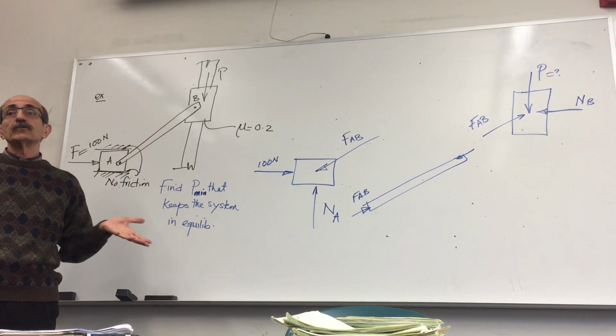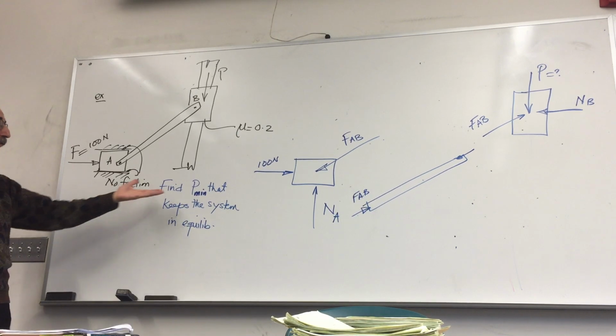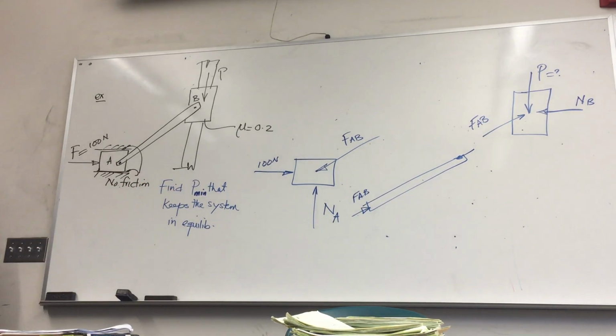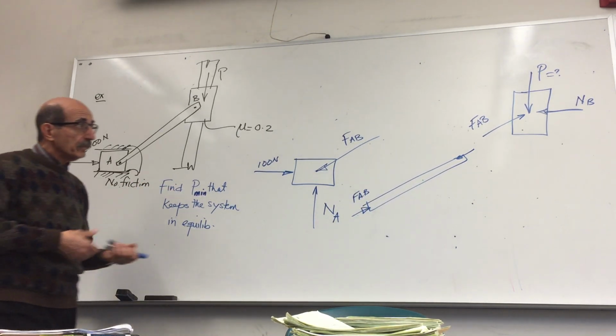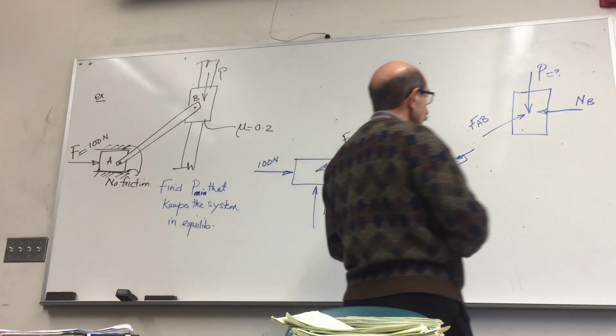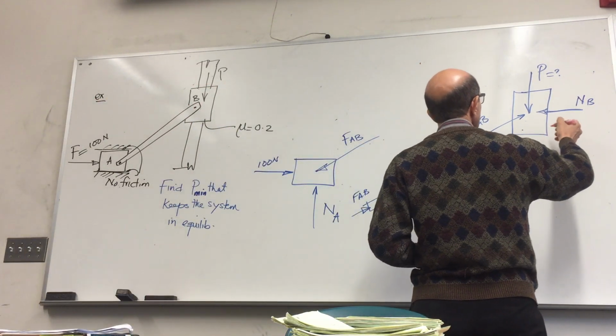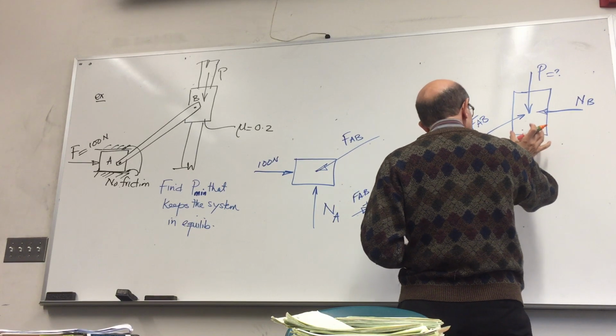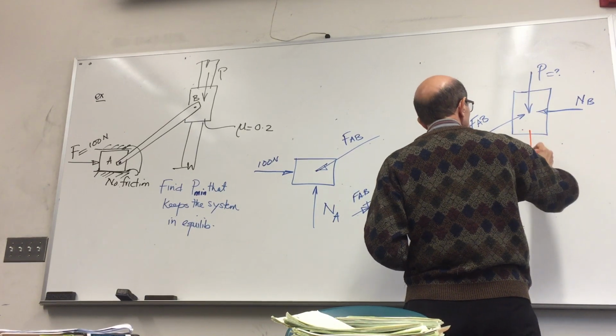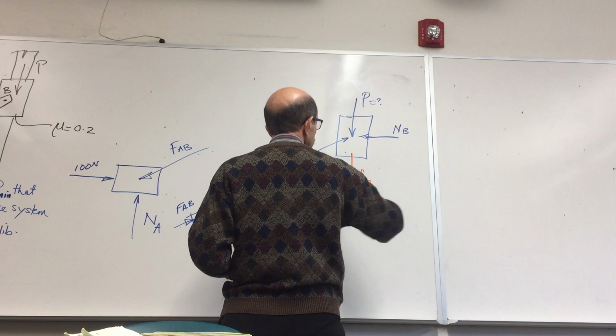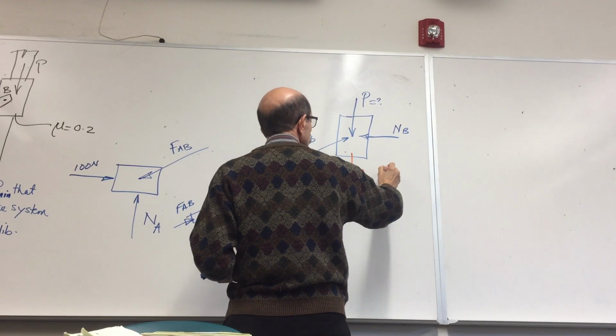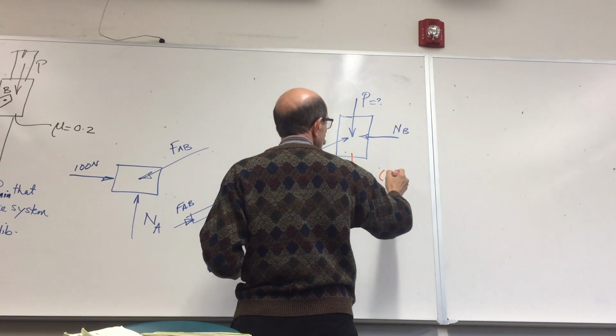So you should consider both cases, and then find which one of those would be the minimum force. So if this is going to potentially go up, the friction force at B would be down.